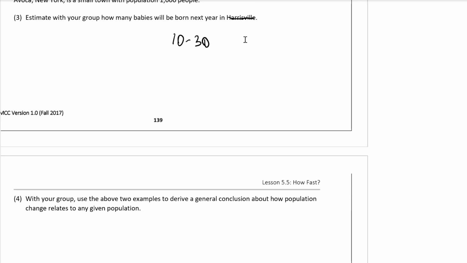Well, the idea here is that the amount of people that you expect the population to grow will depend on population size to begin with, correct? The larger the population, the more people you expect it to grow, right?